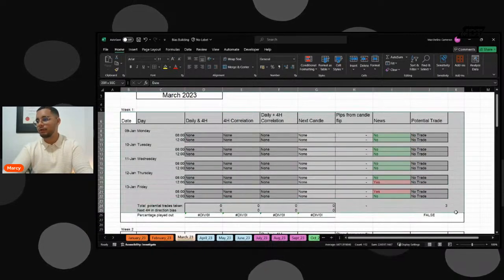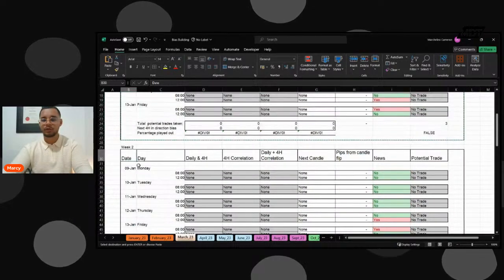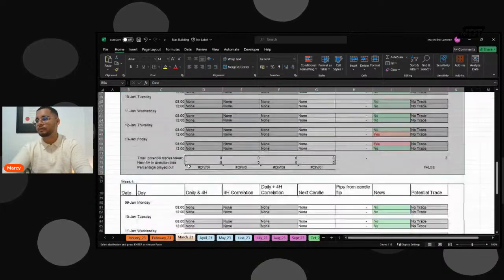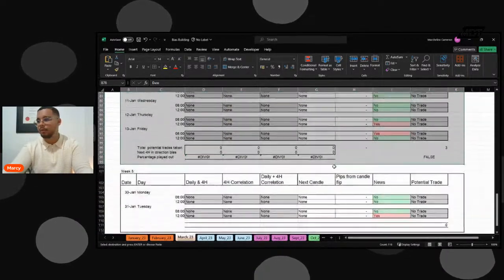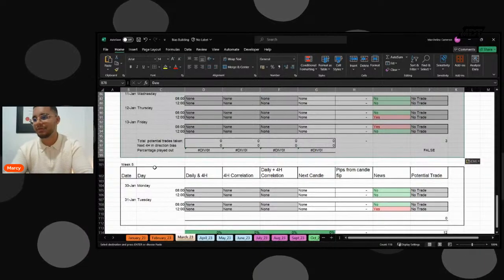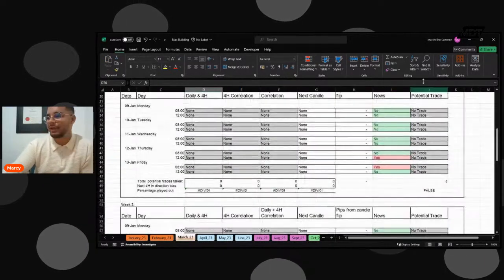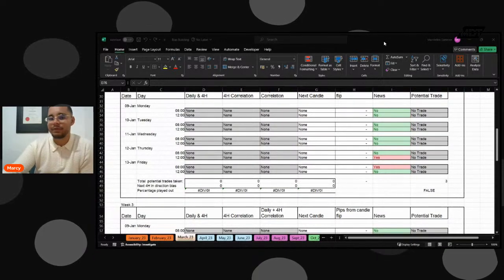And once we have the Excel sheet set up, then we can just go ahead and start capturing the data and backtesting the data. Pretty exciting, isn't it? Okay. Time to get to it.